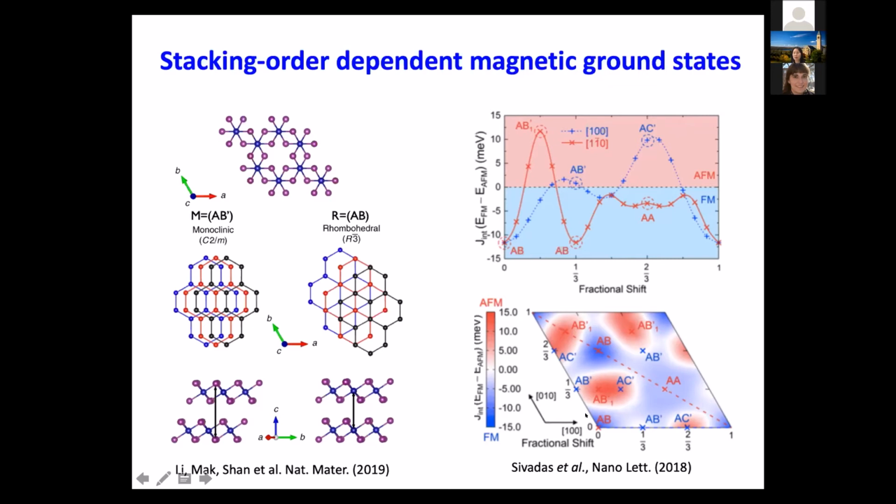And you can see that the interlayer exchange changes sign, and also values are given in this plot. So this tells us that the interlayer magnetic exchange is very sensitive to the stacking order because we need to include all the nearest neighbor, next nearest neighbor, and also the bond angles, they all change.